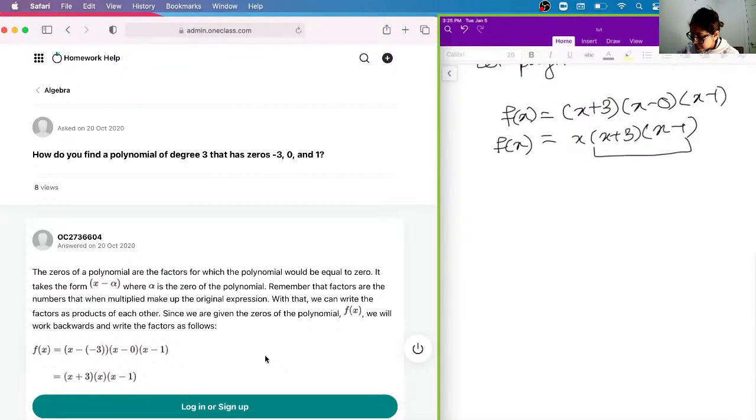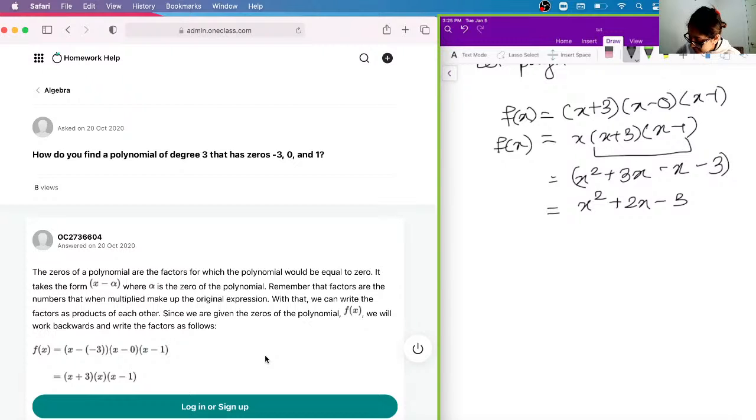So I would say x squared plus 3x minus x minus 3, right? Then you just have to simplify this: x squared plus 2x minus 3.